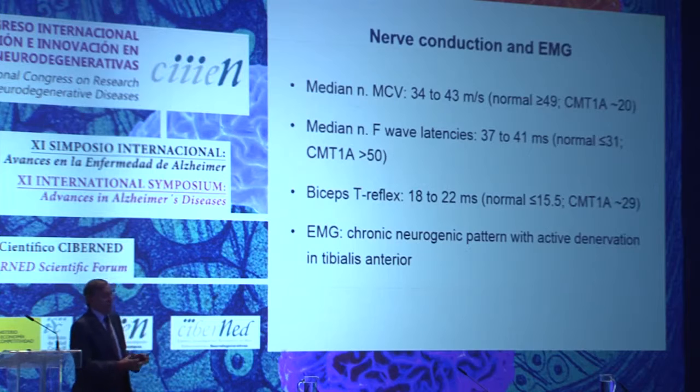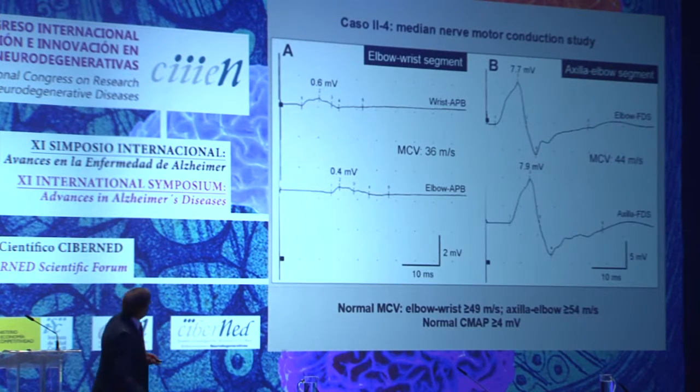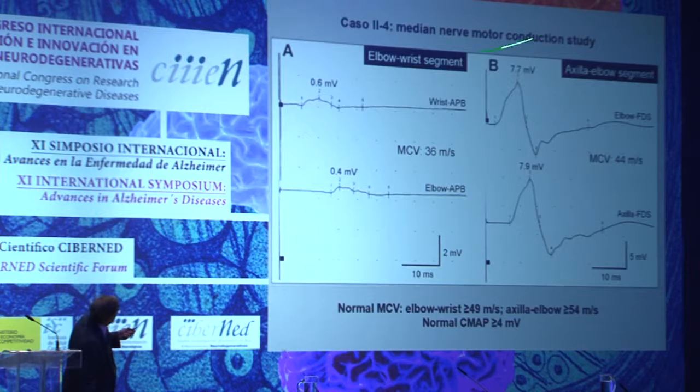And electromyography showed chronic denervation with just spontaneous denervation in tibialis anterior. And see here the recording of median nerve. You have here the elbow to wrist segment. We are stimulating here in the wrist, here in elbow, and we are obtaining a monophasic potential with severe reduction.